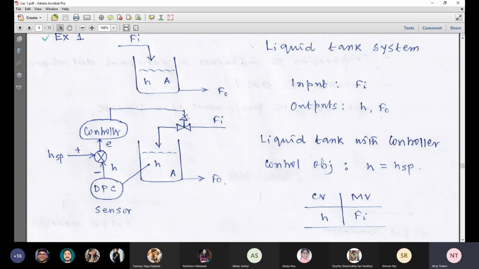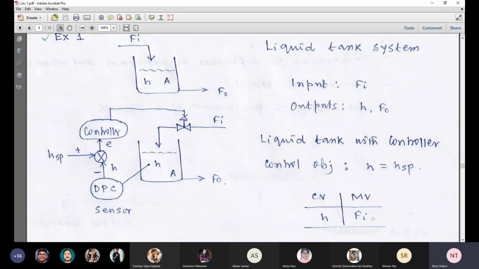Your second job is to find the control variable, manipulated variable pair. How can we do that? The control objective you have fixed in terms of a variable, you put in this table as the control variable. So height is our control variable.